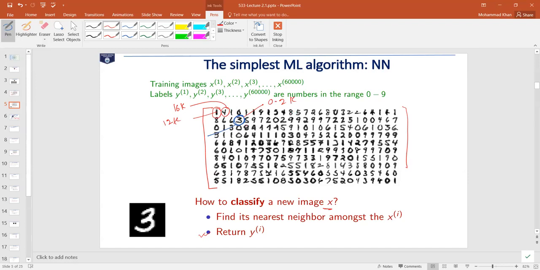Something like that. So when we are done with finding the distance with all the examples we have stored, hopefully we'll get the shortest distance with an image containing 3. And then we'll return 3 as the label for the new instance. So basically, this is the nearest neighbor algorithm.